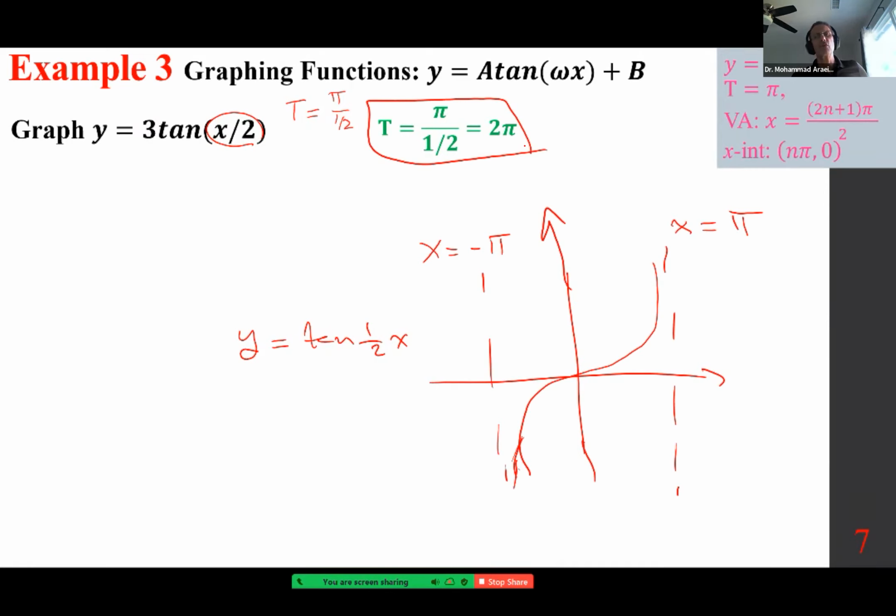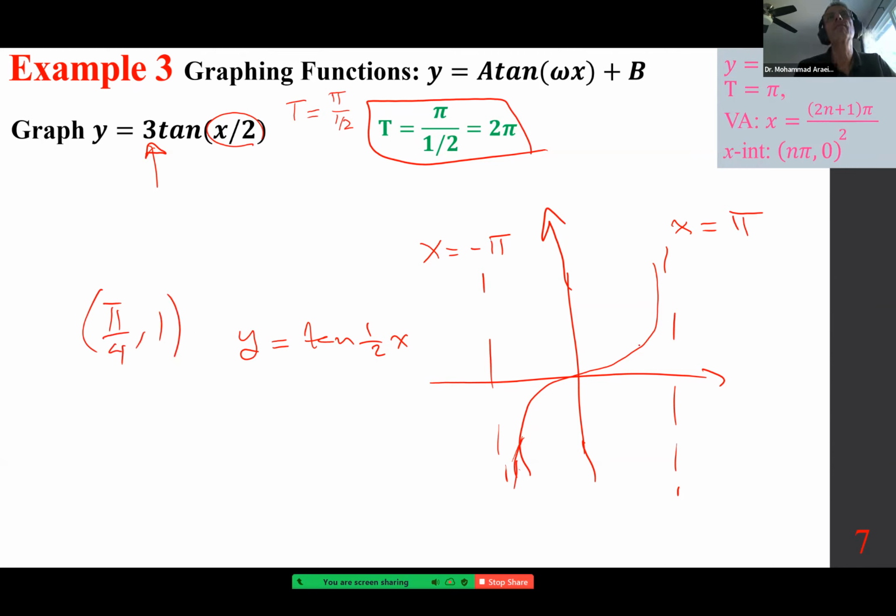Now, of course, you stretch it by a factor of 3, okay? So that is because of this number. So for example, we had pi over 4, 1.